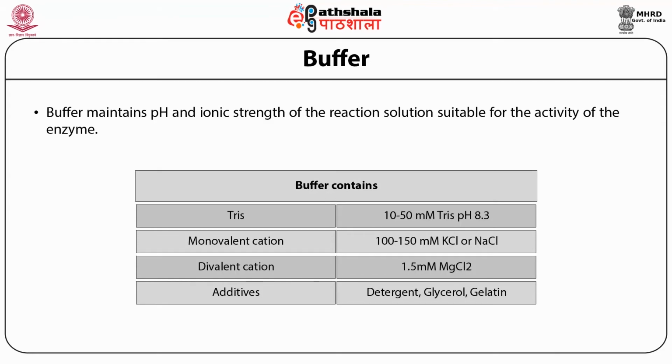In most cases, the PCR reaction buffer is provided along with the DNA polymerase in 10x concentration, which is diluted to 1x in the final reaction volume. High magnesium chloride concentration will give more product but low specificity.